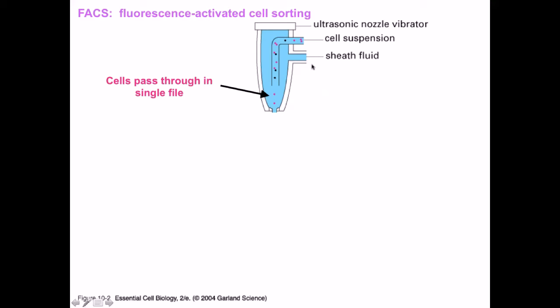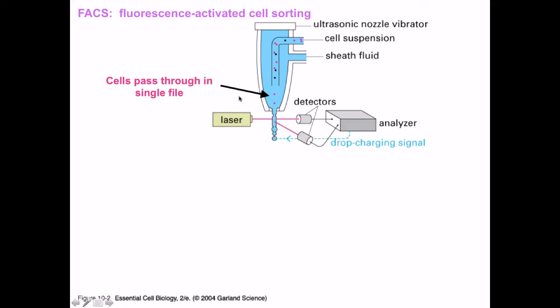A sheath fluid surrounds the cell suspension containing the cell sample. That forces the cells, which are usually chaotically mixed in the solution, to go in a single file. That is hydrodynamic focusing. Because of the shape of the nozzle, the cells that are all mixed up are focused into a single file structure.